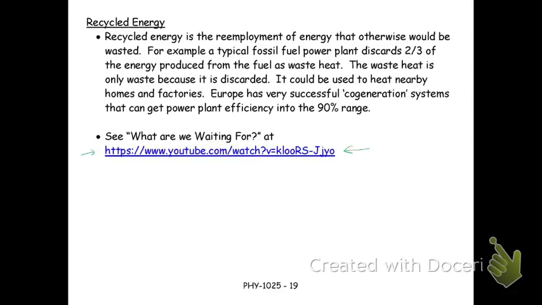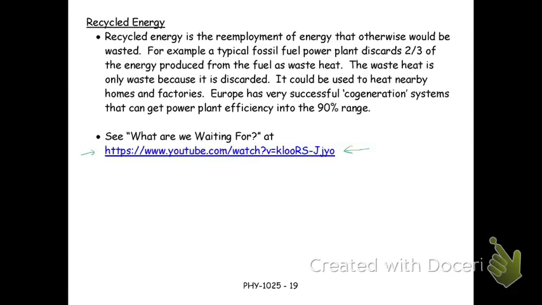But recognize that if we could make the power station down at Big Bend 100% efficient, our electricity bills should be about 1/3 of what they are. It's not that they're wasting that energy, that's bad luck for them. It's that they're wasting that energy and we're paying for it.